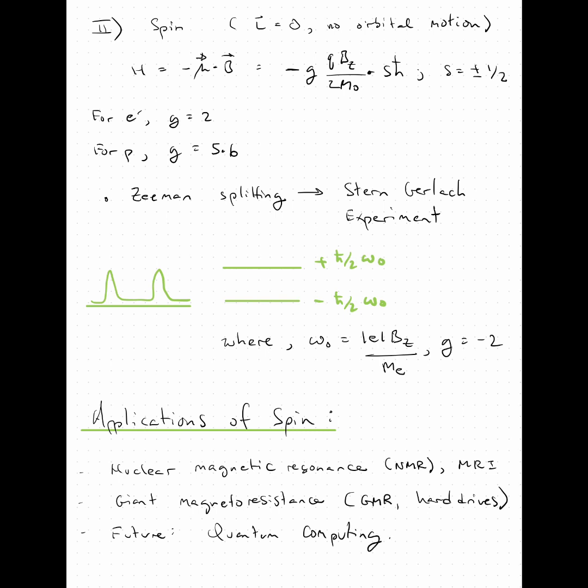So NMR, GMR, and its implementations of quantum computing all rely on applications of spin. So consider the spin Hamiltonian.